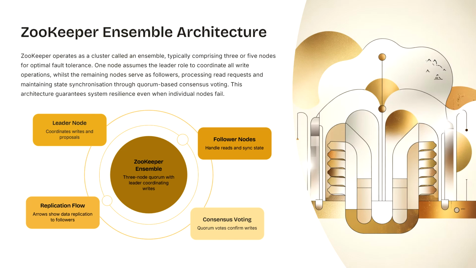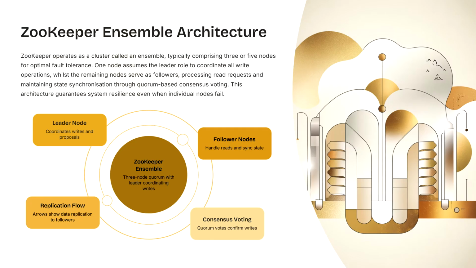A quorum-based voting system ensures that updates are applied only when the majority of nodes agree. This structure allows ZooKeeper to keep running smoothly even if one or two servers go down. This is a specialty of ZooKeeper.